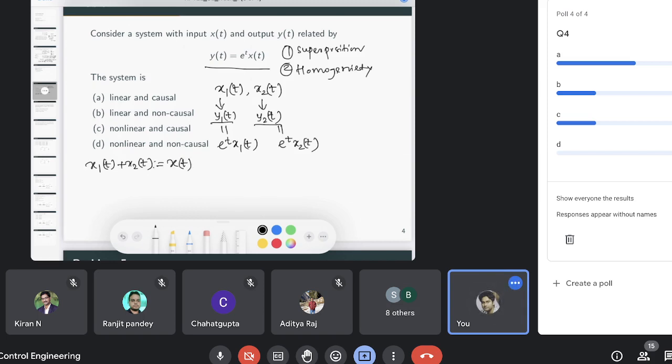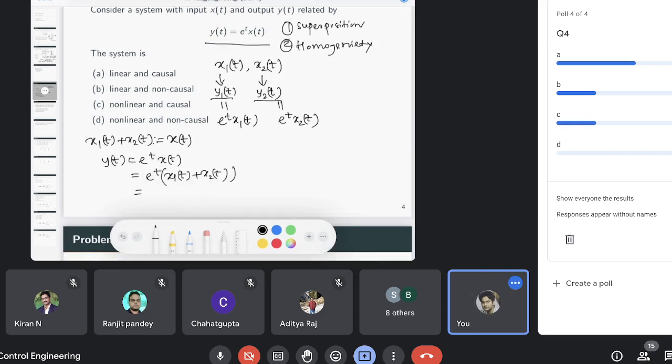Then you see that the output y(t) will be equal to e to the power t times x(t), and x(t) equals x1(t) plus x2(t), so you have e to the power t times (x1(t) plus x2(t)).